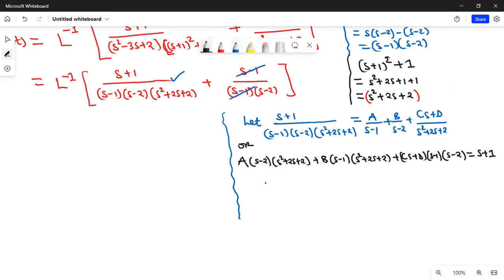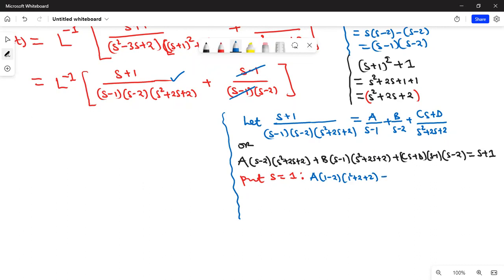So that this equation is true for any value of S that you choose. So if I put S is equal to 1, you see the term in B will disappear, and even the term containing C and D will disappear because there will be some 0 somewhere that you are multiplying with. So we'll simply have A into 1 minus 2 times 1 squared plus 2 times 1 is 2 plus another 2.